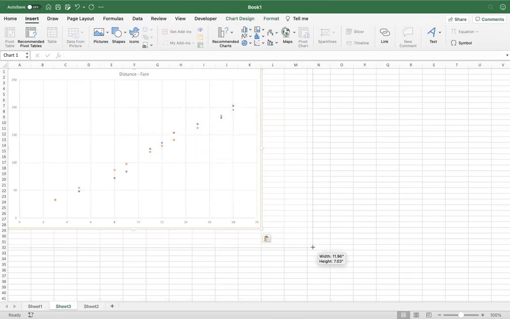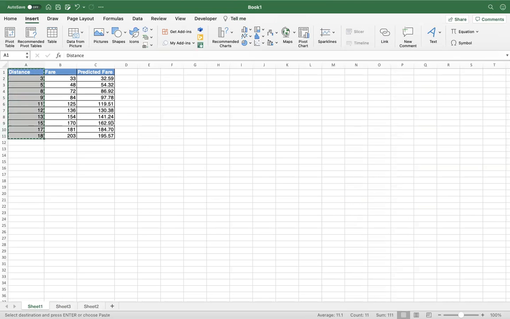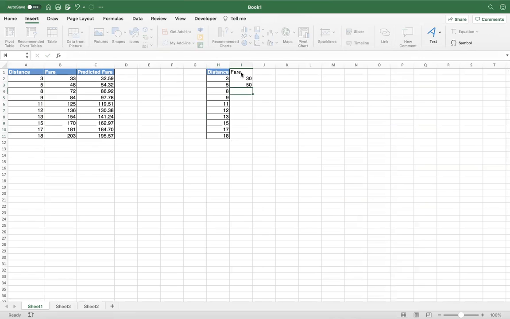Now, since we have our data, let me give you one slightly different example. For the same data, let us say the fare is 30, 50, 80, 90, 110, 120, 130, 150, 170, and 180.